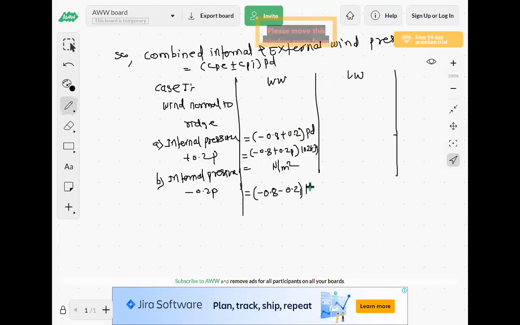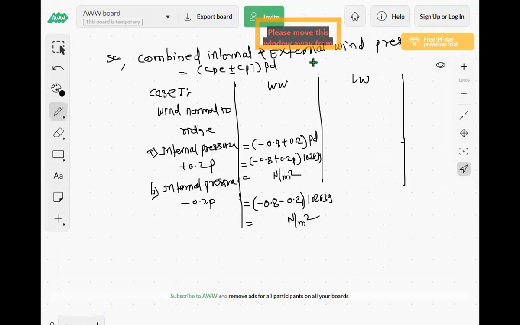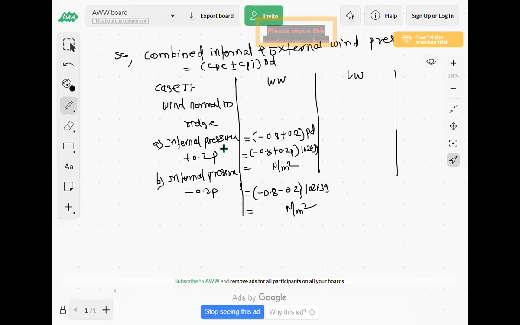So PD is again 126.39. So tell me these two answers, Newton per meter square. Anyone is doing the calculations? See, we have to combine internal and external pressure. So here internal pressure is plus minus 0.2p.